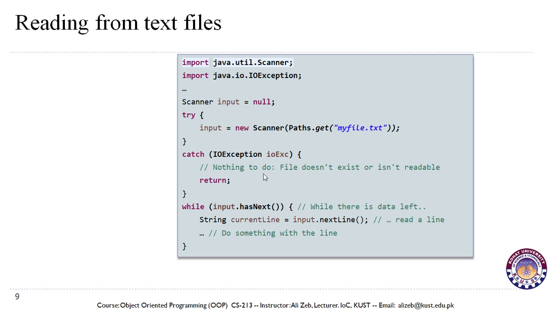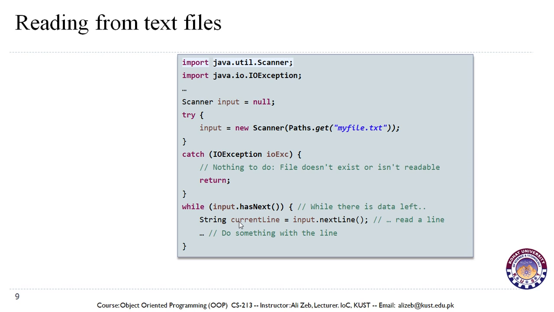So you use a loop, a while loop in this case, and that has a next method of the scanner class which looks into the file. If it has more data left, then it reads that data line by line into a string, and then we can do whatever we want to with the text.